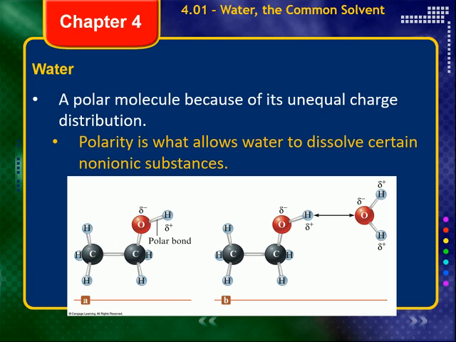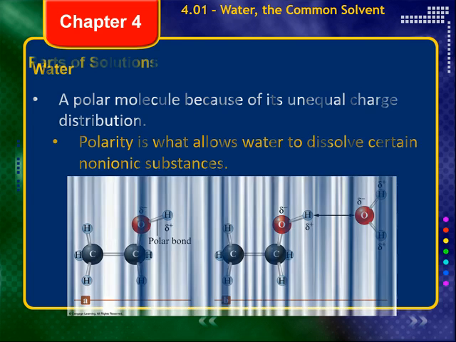This is why, even though the polar nature of water allows it to dissolve non-ionic compounds, this hydrogen bond, which is not actually a bond, it's just an intermolecular force, is not as strong as an ionic bond, because an ionic bond takes place between two full charges. Here, they're both partial charges, so they're less than one full charge, and so they're not going to be as strong as any ionic bond.